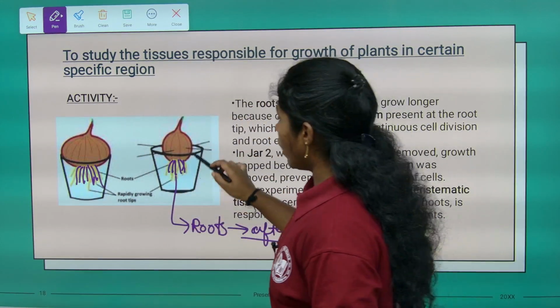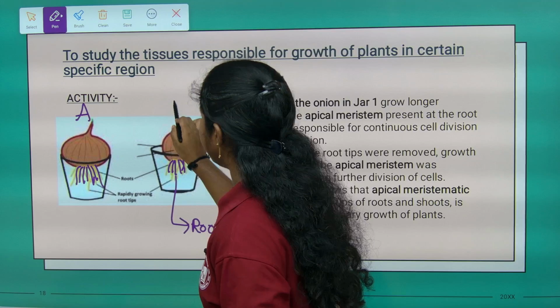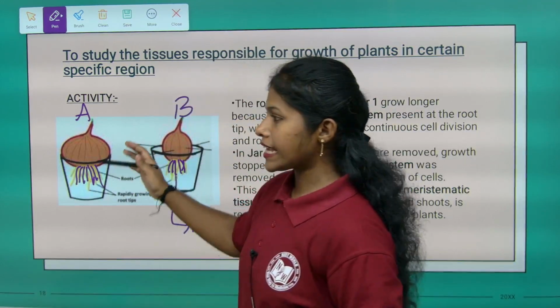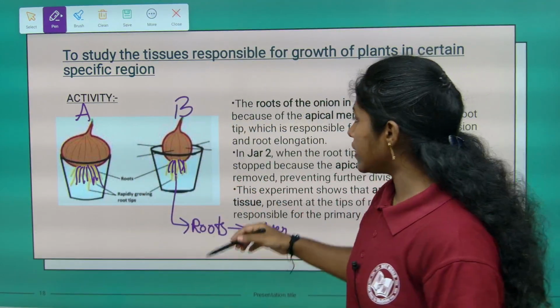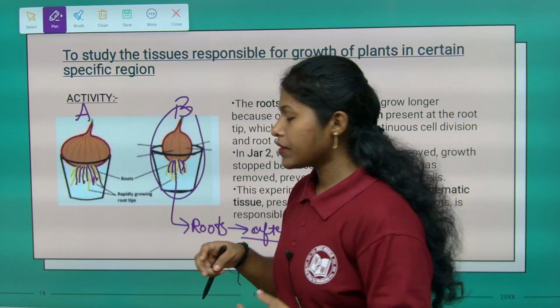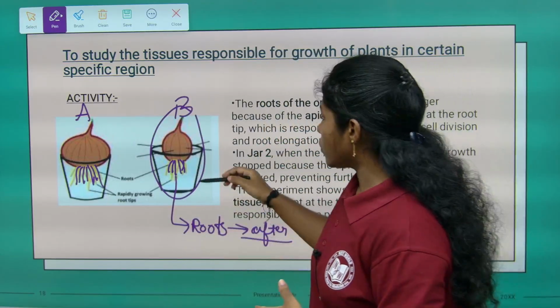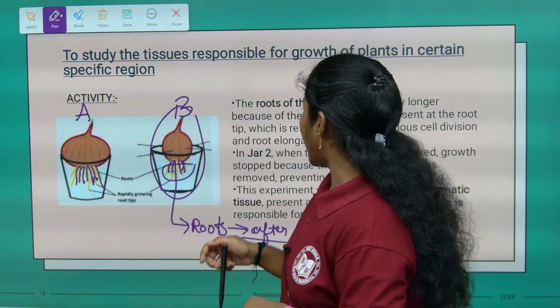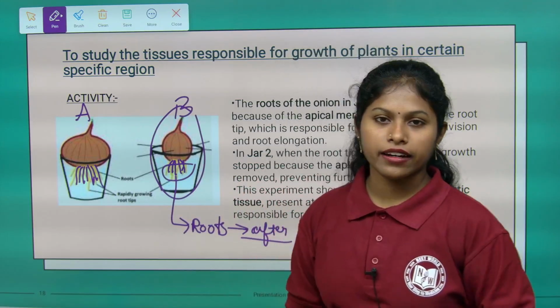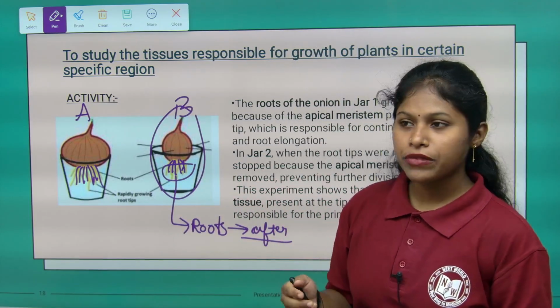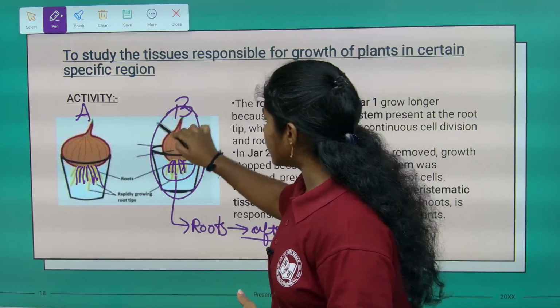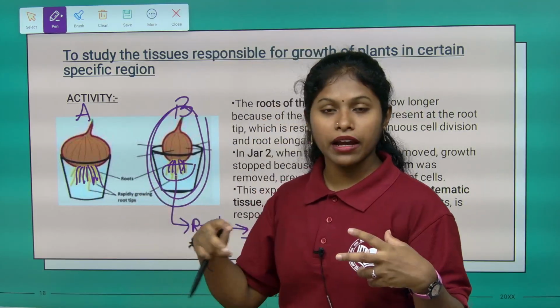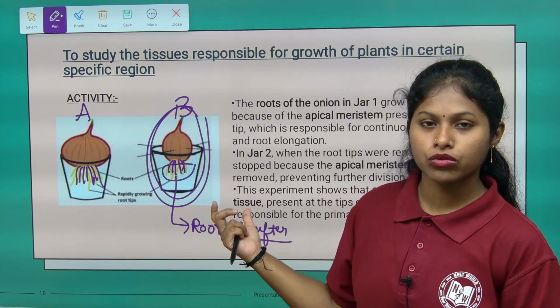Children, I named them A and B. It is glass number A and glass number B. I took glass number B and cut the roots. I cut these parts of the roots and left it there. Then what I observed is that I cannot see growth in B after I cut the roots. Why?